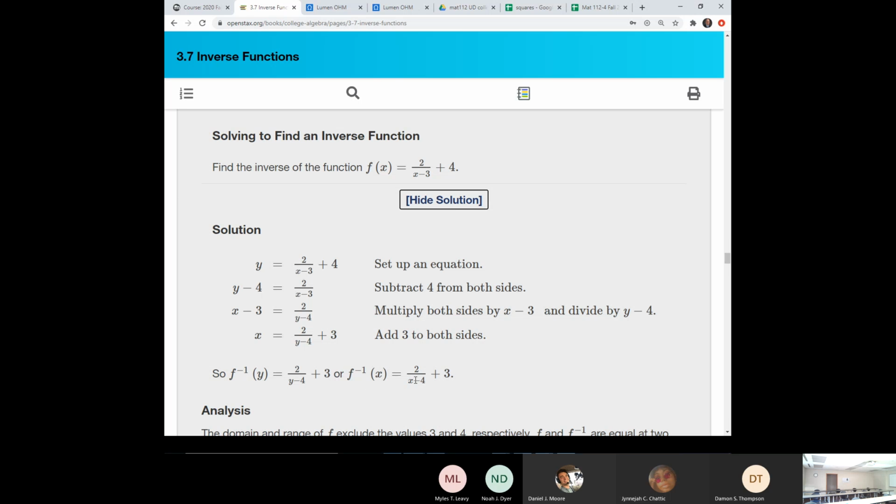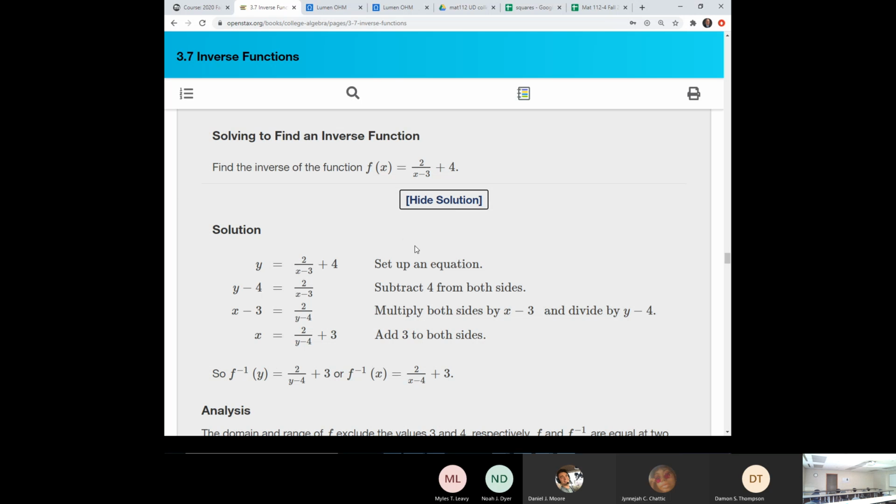Whatever the input is, I'm going to do this. I know that this function is the inverse of this one, and vice versa. It is commutative: the inverse of one function is the same as that function's inverse.